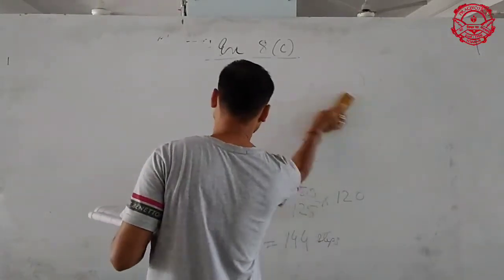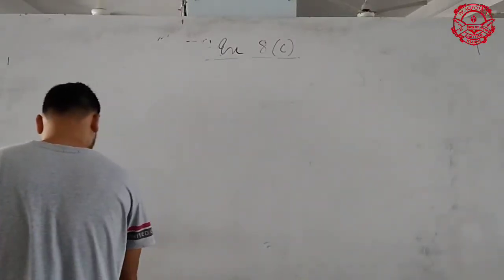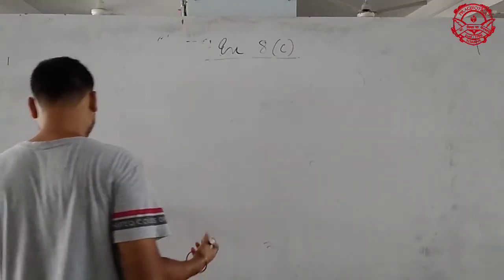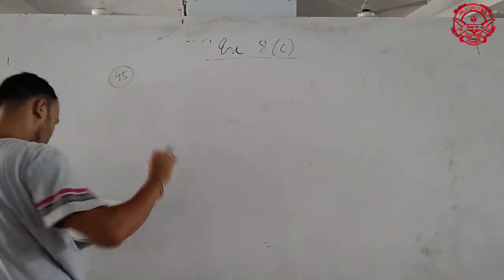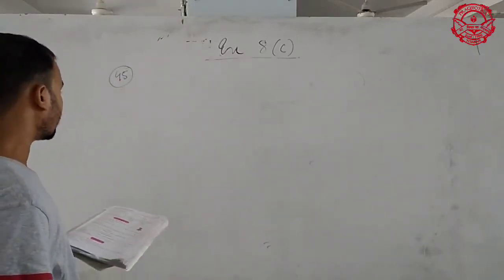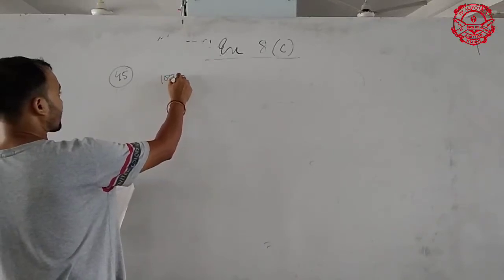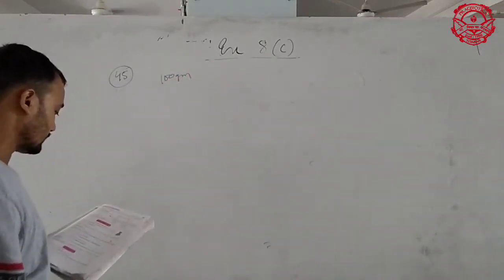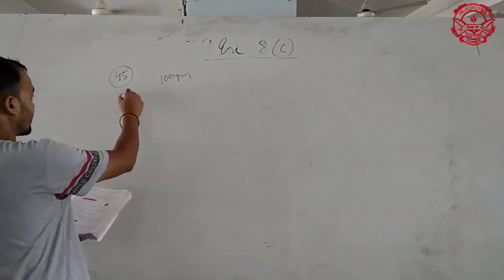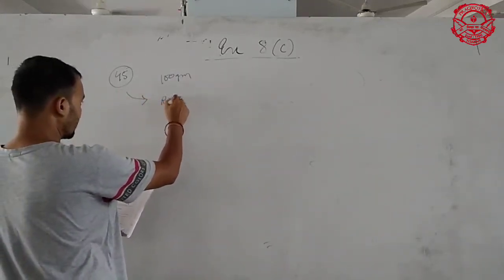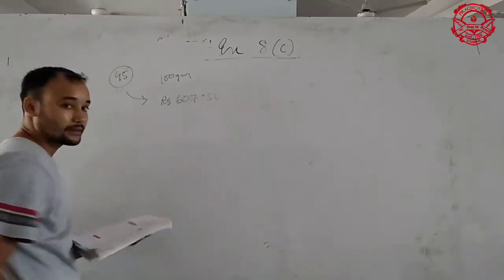Question number 9. Okay, you see, in question 9 you will find I have 45 packets. Okay, I have 45 packets of butter, and the weight of one packet is 100 gram. Fine. 45 packets. Okay, and cost of 45 packets is rupees 607.50 paisa.